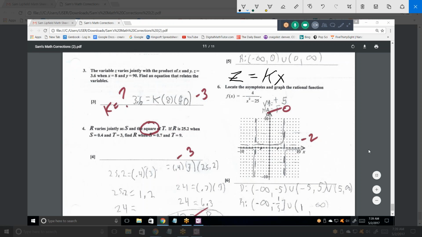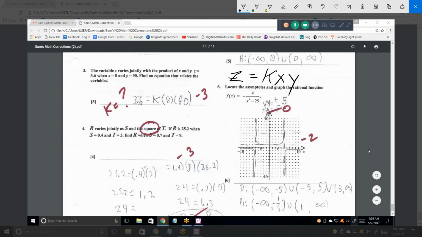If I were to say z varies inversely with x, that's the way it would look. If I say z varies jointly with x and y, in fact they say the product of x and y, but that's what jointly means. Even if they had not said jointly, I would have still known they meant the product.